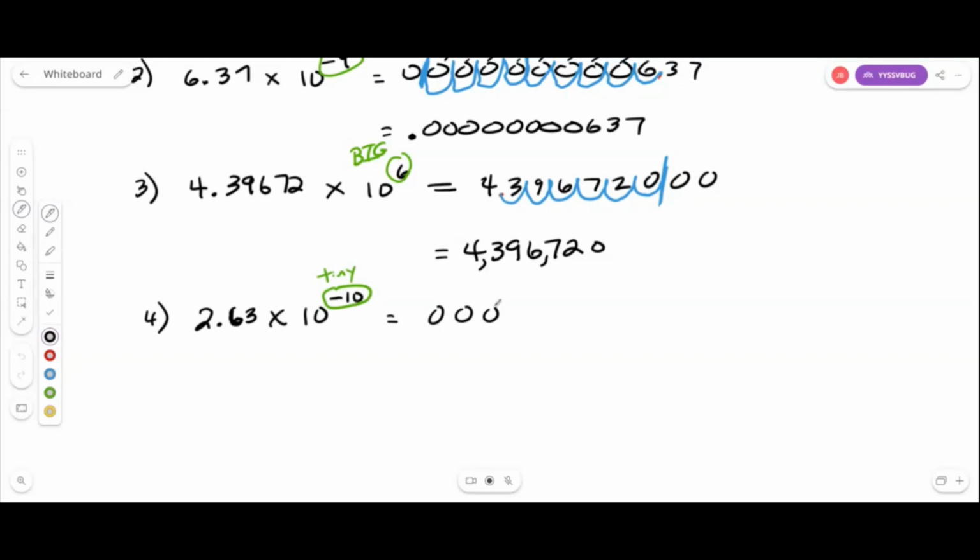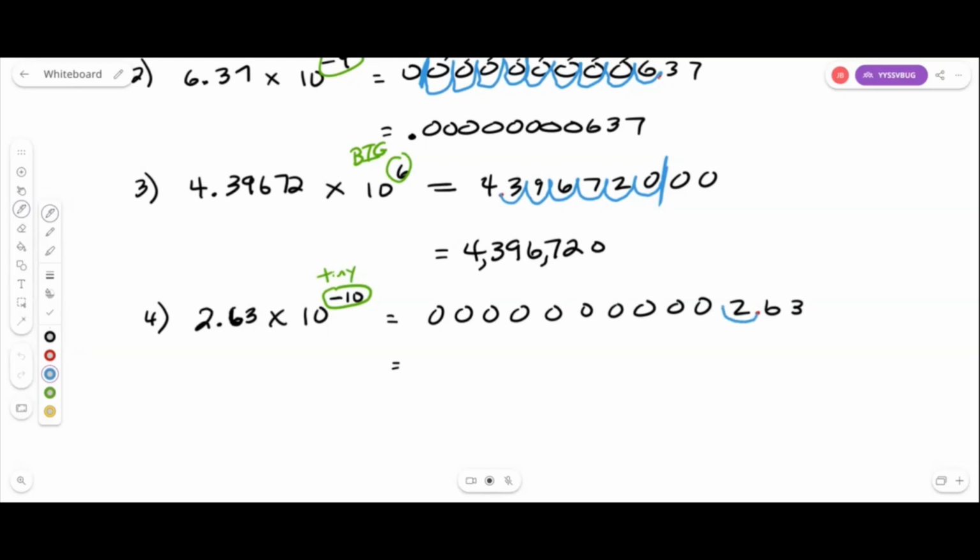1, 2, 3, 4, 5, 6, 7, 8, 9, 10, 2, 6, 3. Again, notice I gave myself some space. The decimal point is sitting right here. It needs to move 10 places to the left.